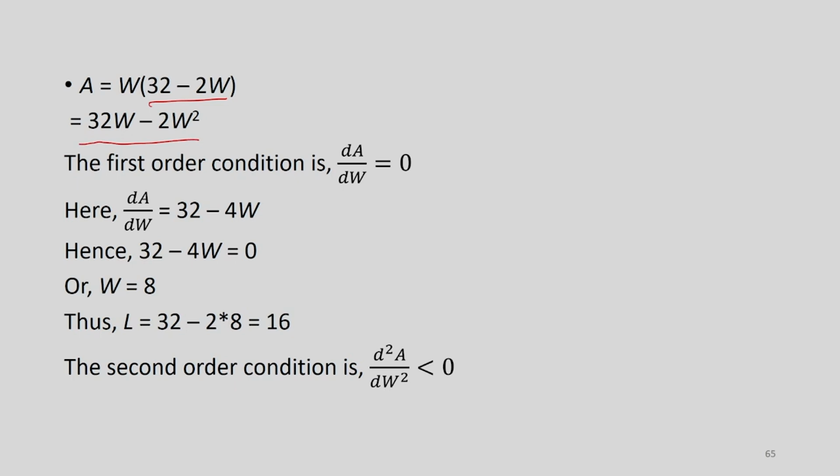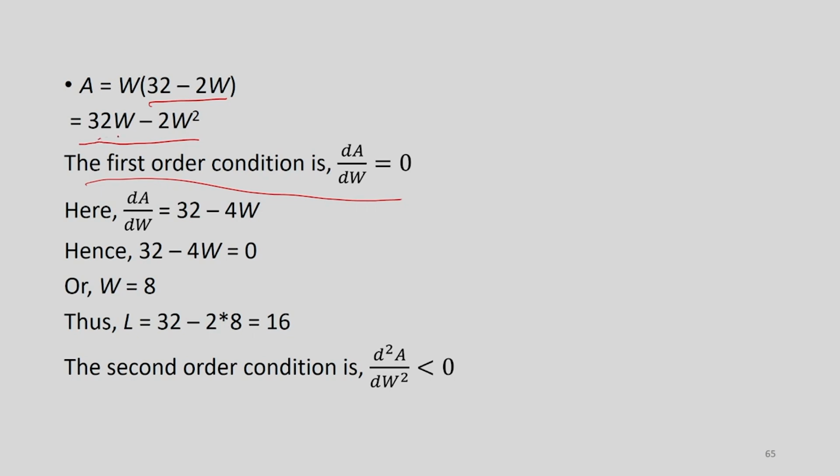Now, this has to be maximized. It is a very simple thing. It is a function of a single variable, and we know the techniques of maximizing a function which has only one variable. Now, what is the first order condition? I set the derivative equal to 0. So dA/dW is equal to 0, the necessary condition.